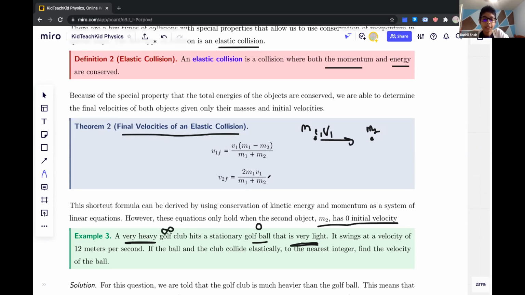And also note that in this equation, m1 is the mass that's moving and m2 is the mass that's stationary. Okay, so I see one answer. Okay, so some good answers I see.